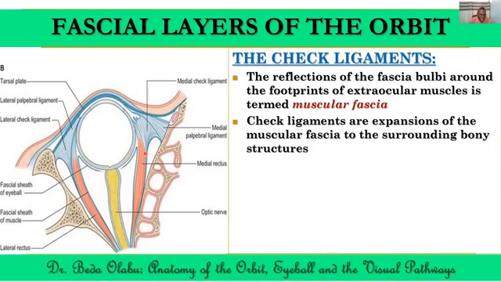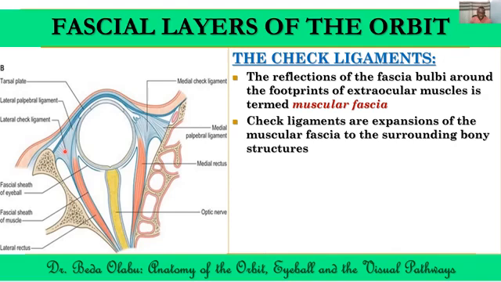So the whole of that is a muscular sheath. Now we can see the expansion of the muscular sheath from the medial rectus to the surrounding bone. So this is a check ligament. And because it is related to the medial rectus, we call it the medial check ligament. We have a similar arrangement for the lateral rectus, which we call the lateral check ligament.